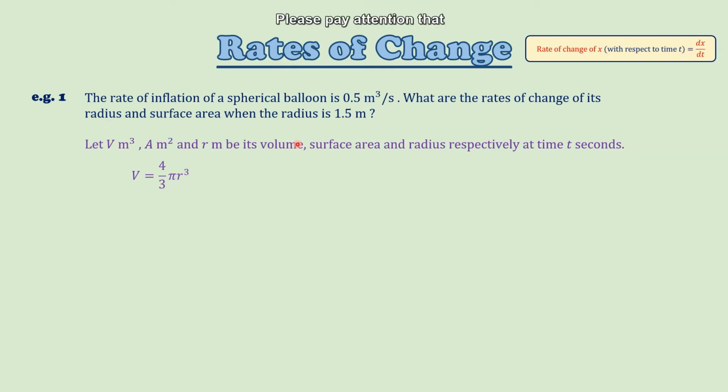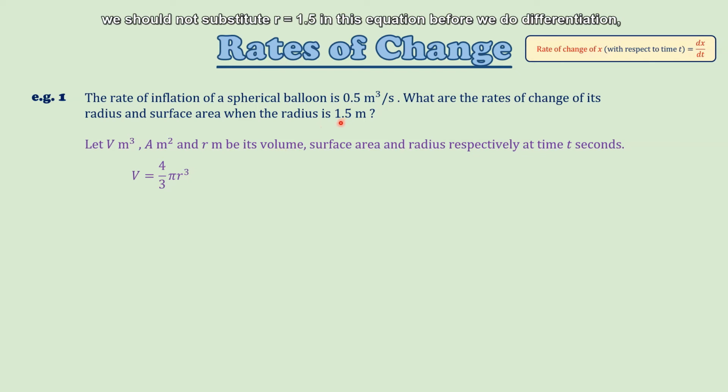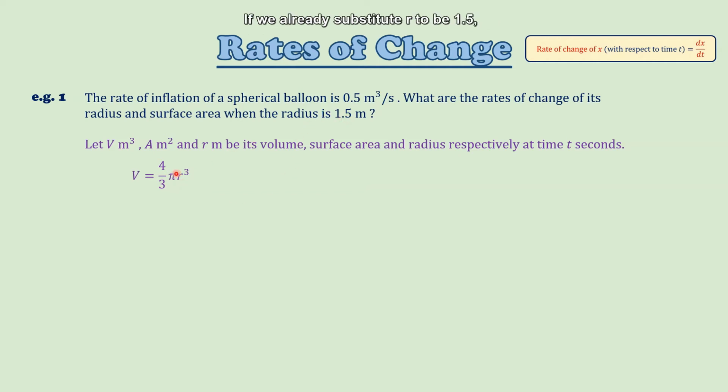Please pay attention that we should not substitute r equals 1.5 in this equation before we do differentiation, because when we're doing differentiation, we assume that everything is changing. If we already substitute r to be 1.5, then we have assumed that r is a constant, so we should not do that. That means after this step, we should not do substitution. Instead, we should do differentiation with respect to time.